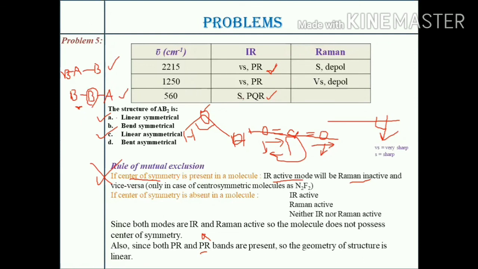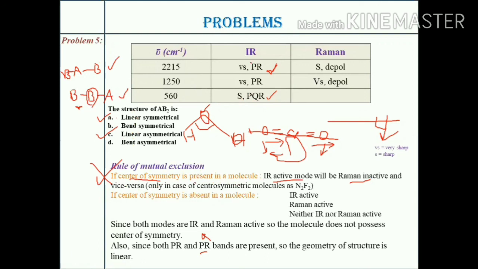Now when the molecule is linear, we can choose from A or C. Out of these two, which one is the best one? We have come across the rule of mutual exclusion: the center of symmetry is not present in the molecule. Why?